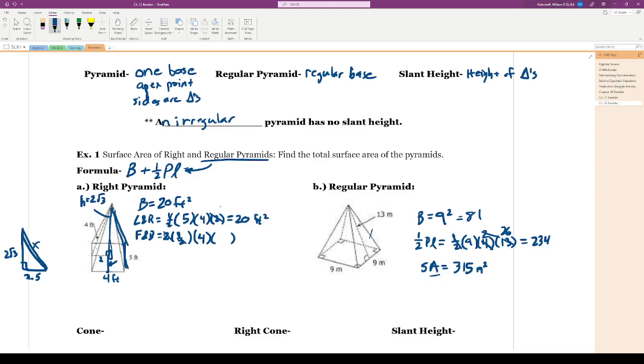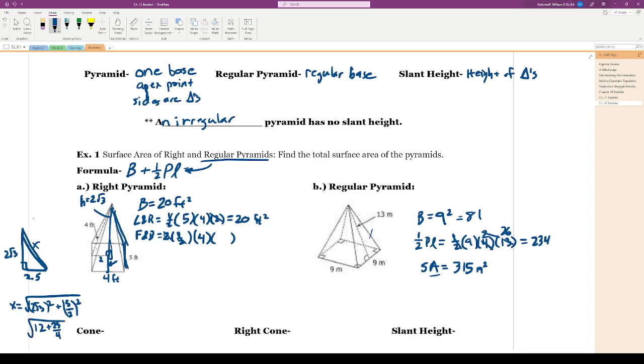So to find it, we would need the Pythagorean theorem, and we would say x equals the square root of 2 root 3 squared plus, let's make it a fraction, 5/2 squared. Okay, so let's try to simplify that. 2 root 3 squared is 12 plus 25/4.